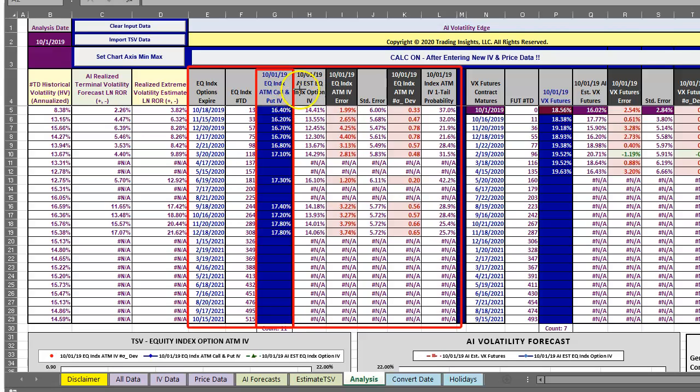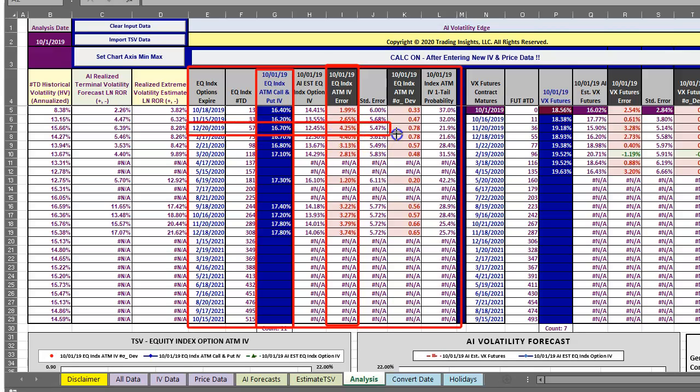The next column are the AIVE forecasts. Finally, the error column, which you'll notice is all in red, representing overvalued, is the difference between the implied volatility and the forecasted realized volatility in percentage terms. Let's just look at one example, which we're going to go into a little bit further.